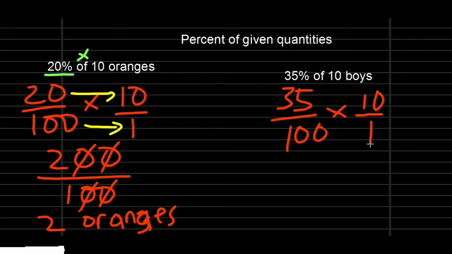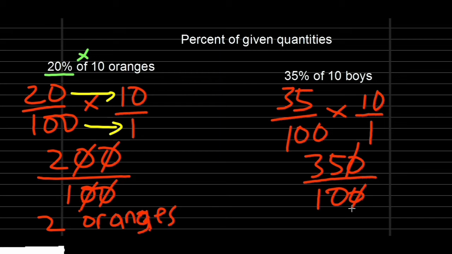Then we multiply the numerators and then the denominators. So 35 times 10 is 350 all over 100. Then the next stage is for us to cancel the zeros. This 0 will cancel that 0. We are left with 35 over 10.